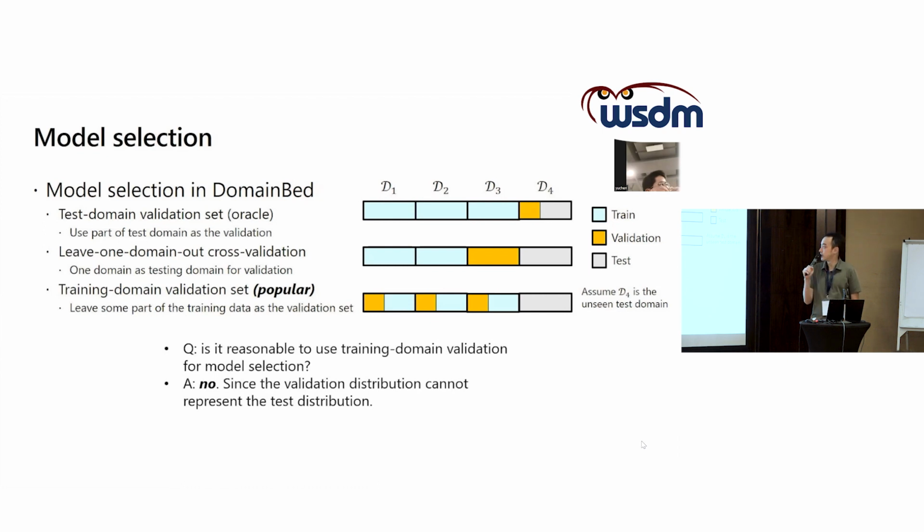So maybe you will want to ask whether such a strategy can be applied here for the problem of domain generalization. The answer is actually no, because the validation distribution is different from the target distribution. In this case, the performance on the validation dataset cannot reflect the real performance of our generalization capability.